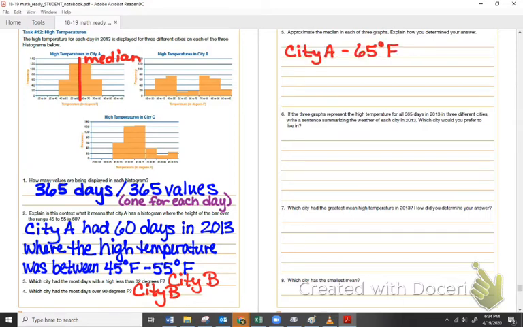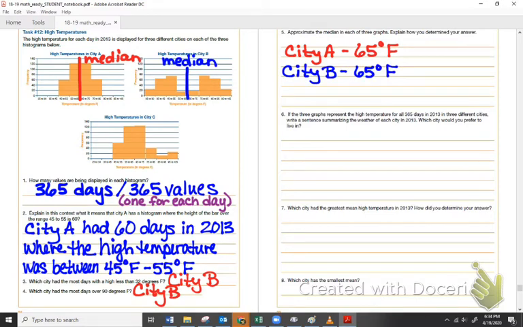The histogram for City B is also approximately symmetric, so I want to split this so that I have half the data on either side, and that one appears to be roughly at 65 degrees Fahrenheit as well.